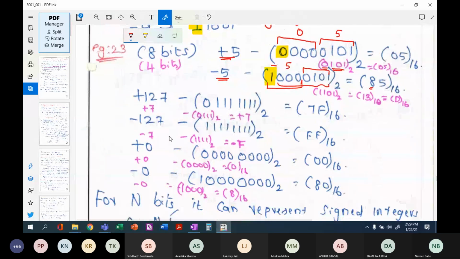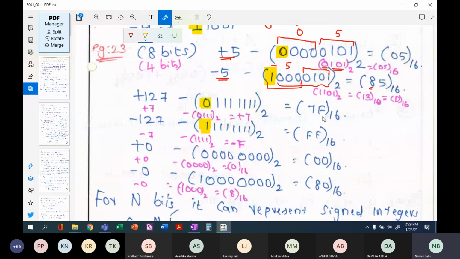Similarly, an 8-bit plus 127 is represented as plus here, hence the first bit is 0 and the rest is 1111111. Minus here, hence the first bit is 1, and the rest are all 1s. What is the hexadecimal equivalent of 01111111?